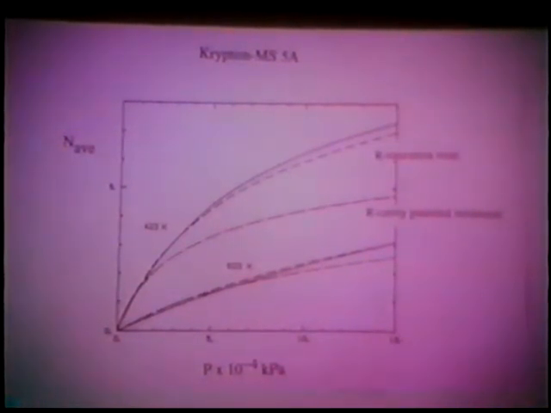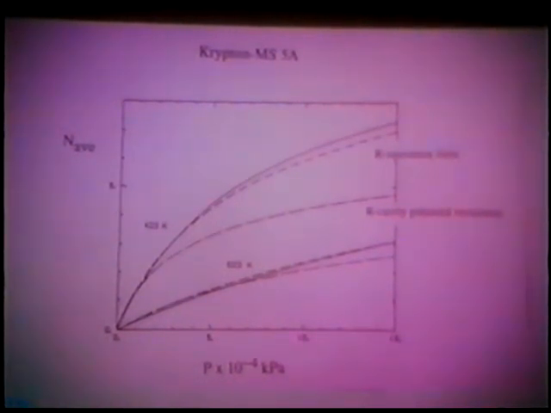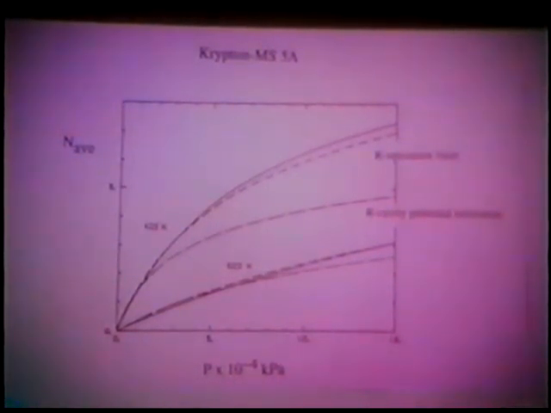Now, you see at the low temperature, 423K, the cavity potential minimum falls far short of the true absorption isotherm. At higher temperatures, it's not so bad. But when we introduce the saturation limit determination of the size of the absorbing surface, in this case, we get very good quantitative predictions with this very simple theory.